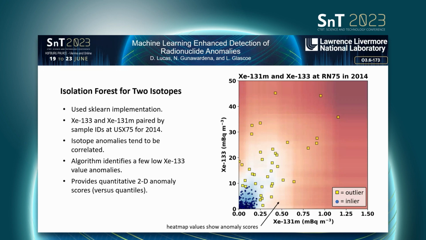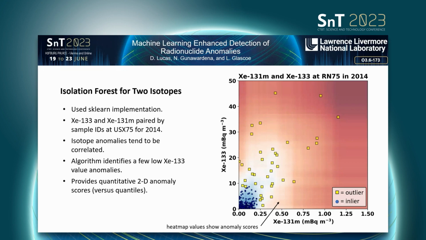What we see is that the two isotopes are fairly well correlated, which is kind of expected, and that the algorithm is able to automatically label what would be considered an inlier and outlier point. And the heat map in the background is a quantitative measure that comes out of the algorithm. That would be analogous to a quantile statistic.